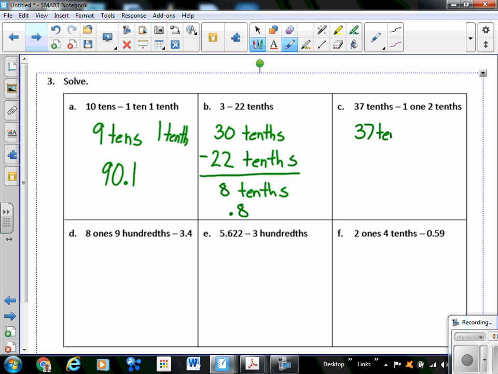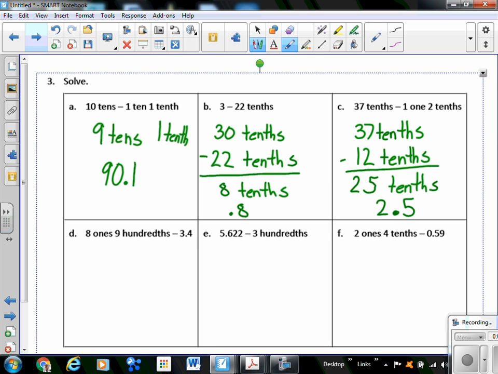37 tenths. If I have a 1 in the ones place and a 2 in the tenths place, that's the same as 12 tenths. If I subtracted those, we'd have 25 tenths, which is also known as the decimal 2 decimal point 5.